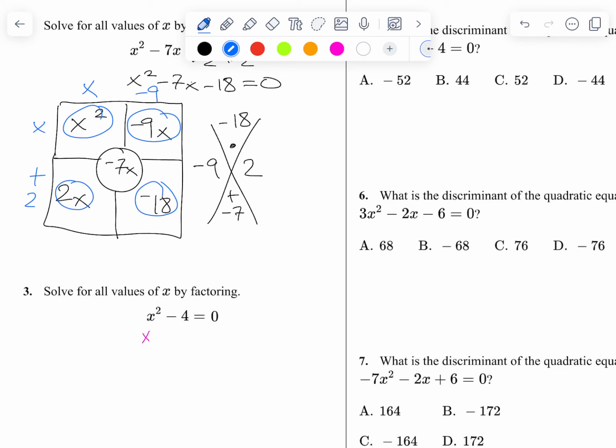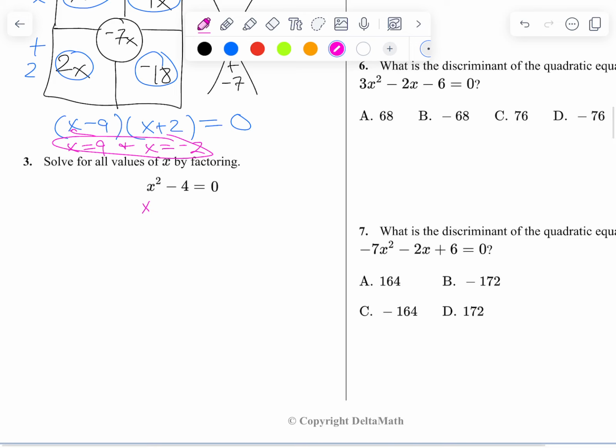So in here, I'm going to say x minus 9 times x plus 2 equals 0. And then my two answers are going to be x equals 9, and the other is going to be x equals negative 2. So these are my two answers.